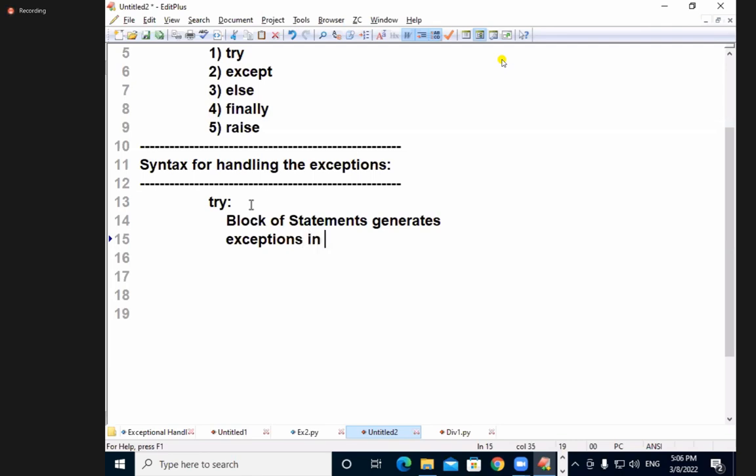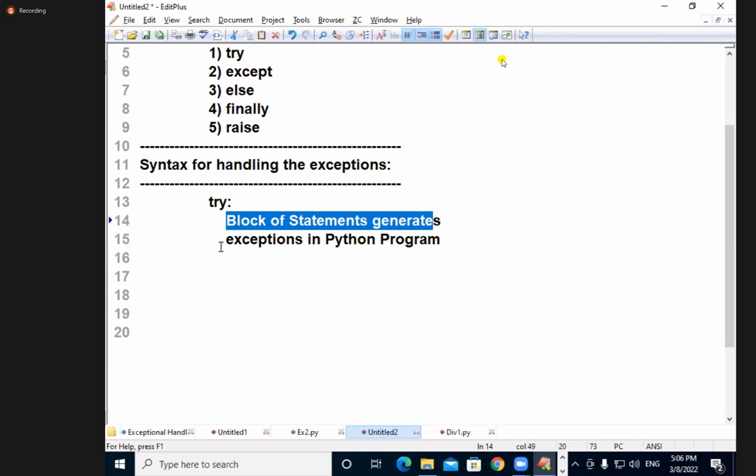Exceptions in which program? Python program. Try block of statements generates exceptions in the Python program. What are all the block of statements generating exceptions? I will write from now onwards in which block?